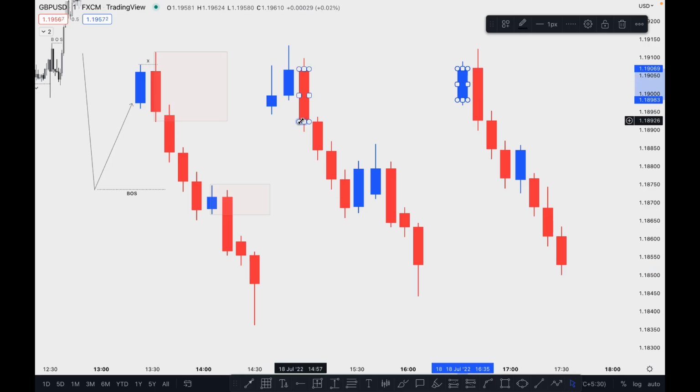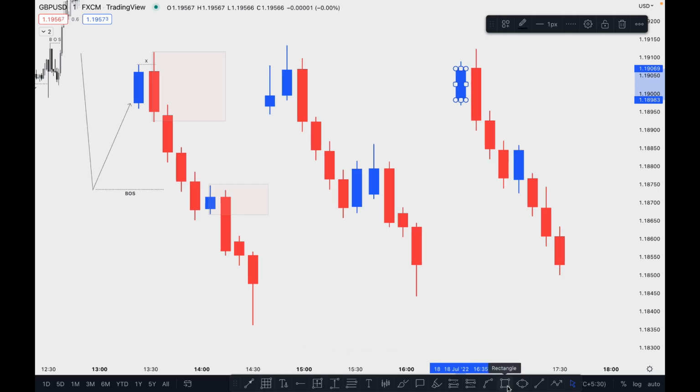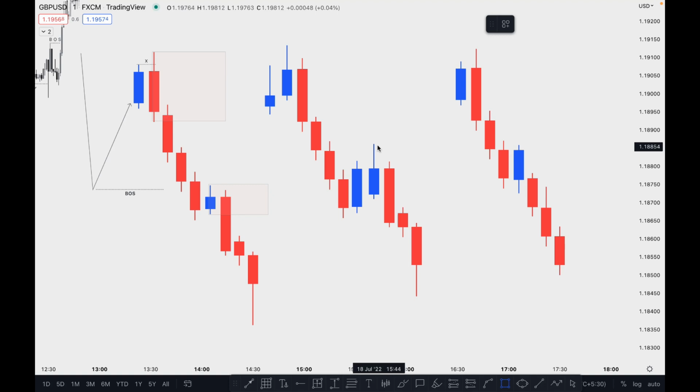The same thing happens here: the market breaks the structure. So first, where is the last buying candle before the sell? This one is the first last buying candle before the sell. So is this order block high probability or not? Think about it. This is actually a high probability order block. Why?